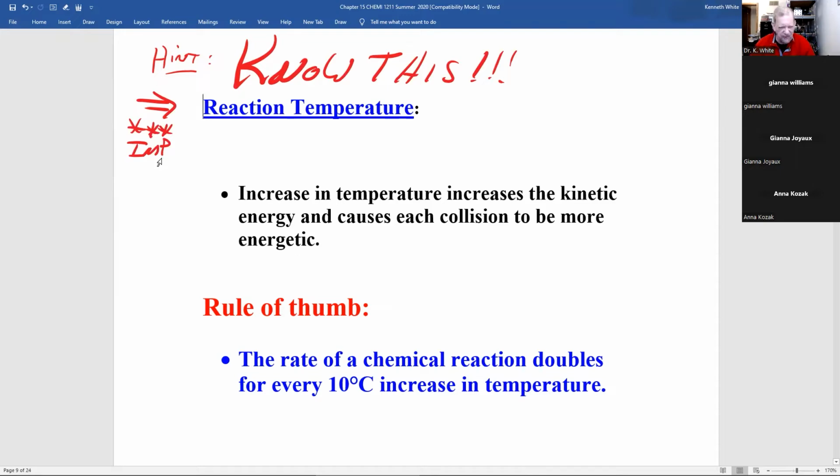And this is important. What is another way to make a reaction rate increase, make a reaction go quicker? That is the reaction temperature. And this is called the rule of thumb. If you increase the reaction temperature, it increases the kinetic energy, which means the collisions are even more forceful.